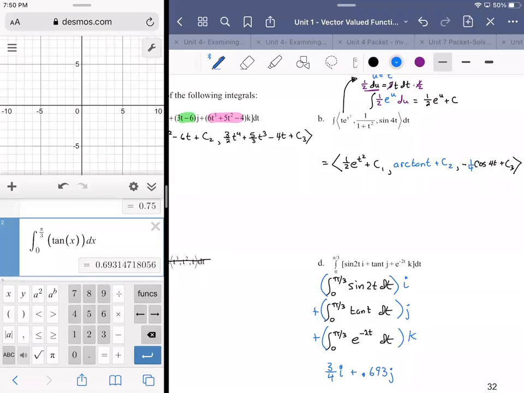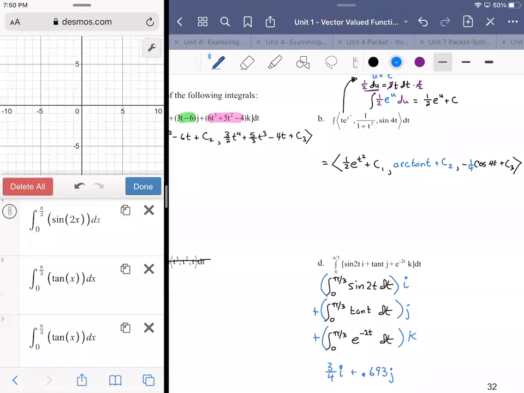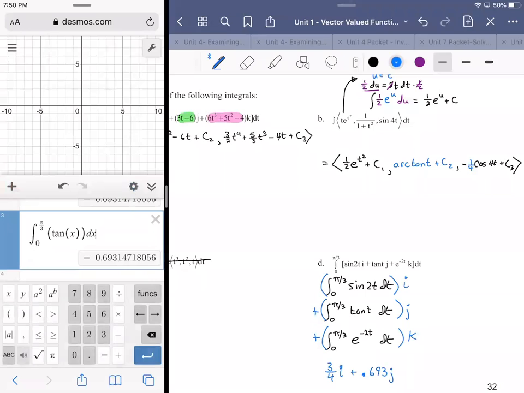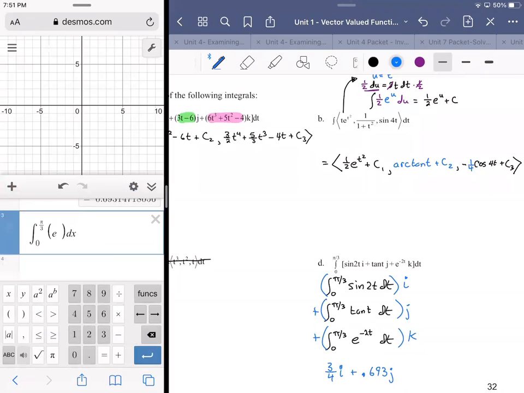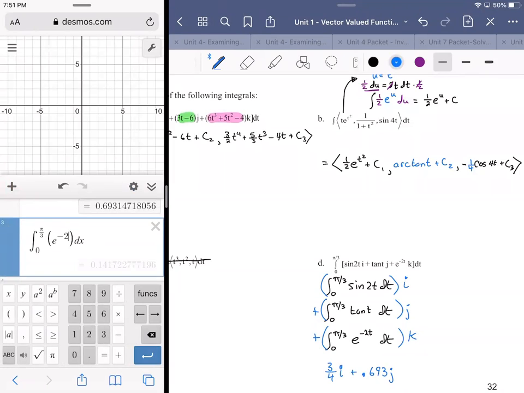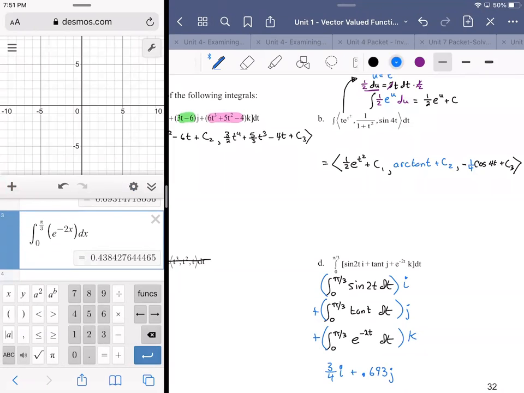And we're most likely going to get a decimal anyway when we do the exponential e, so it's perfectly fine to give decimal answers when it comes to the definite integrals. So e raised to the negative 2x, and so we're looking at about positive 0.483.